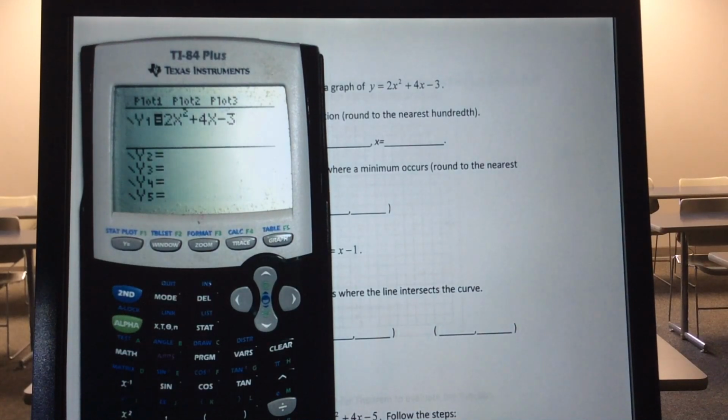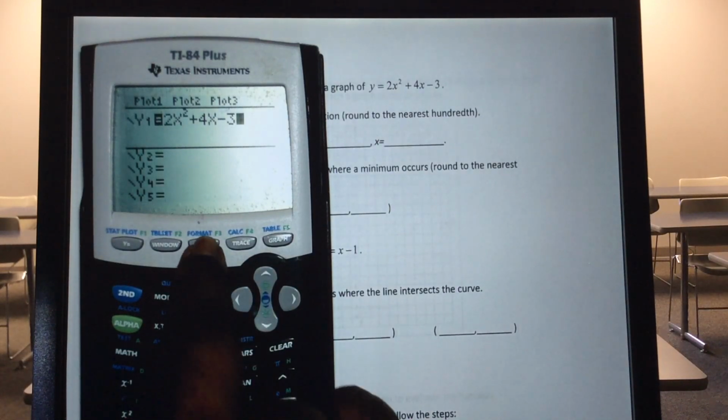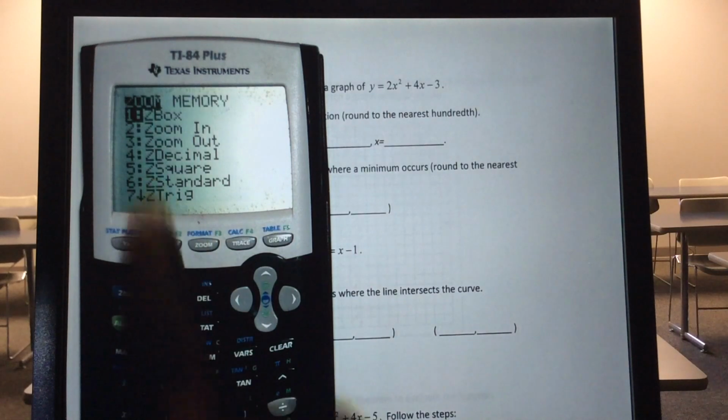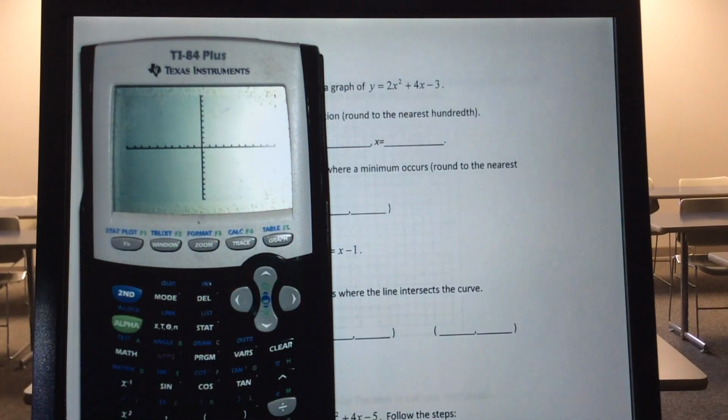Now to get the graph, I would press the zoom key, and then select number 6 for the standard window. And that is the graph of the equation y equals 2x squared plus 4x minus 3. It's actually a parabola.